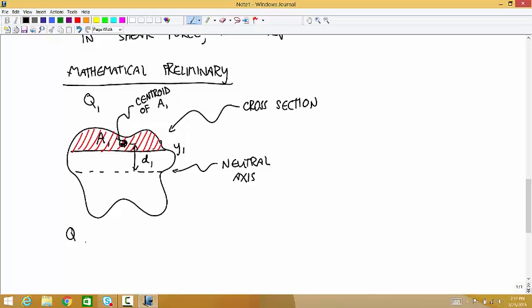Then Q1 is equal to the area shaded in red times that distance D1. We haven't talked about it yet, but it's going to come up in the formula for the stress due to shear force.